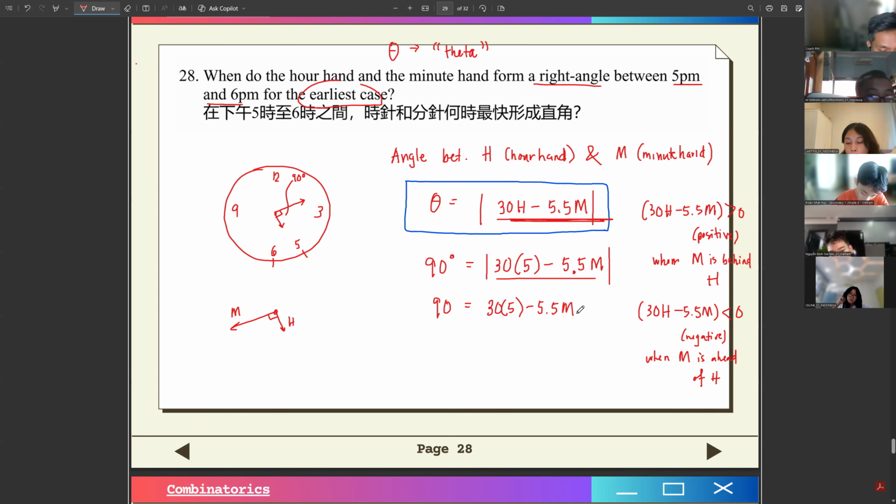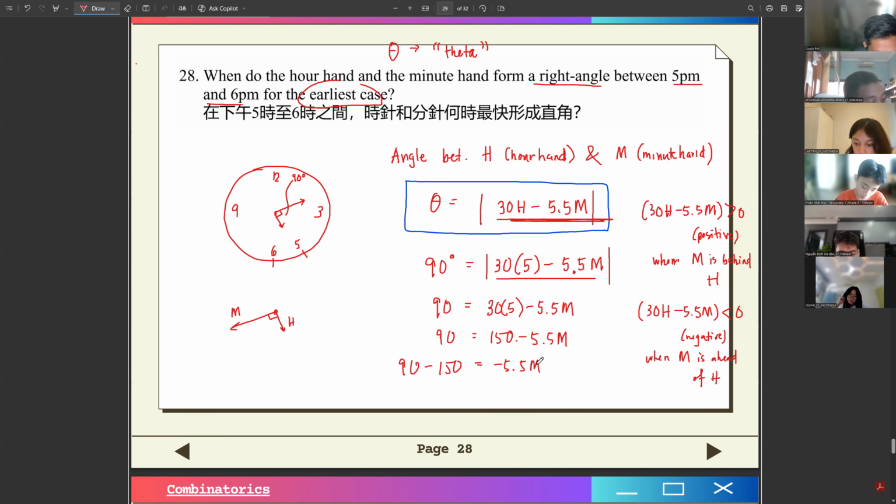So let's evaluate. This is 150 minus 5.5M. Transpose, we have 90 minus 150. What's 90 minus 150? Is it 60? Yes, it is. Wait. Let me just write it like this.